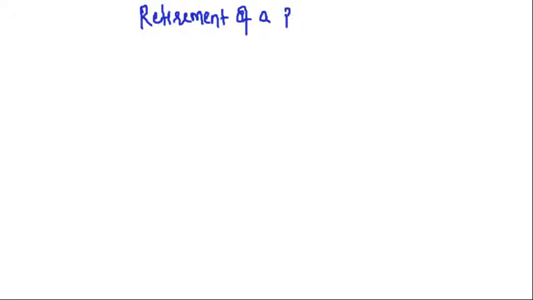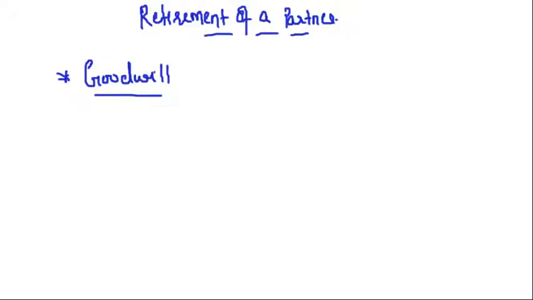So in the last lecture, we were discussing goodwill: what is the role of goodwill in case of retirement of a partner. The remaining partners will pay the goodwill to the retiring partner. Why?